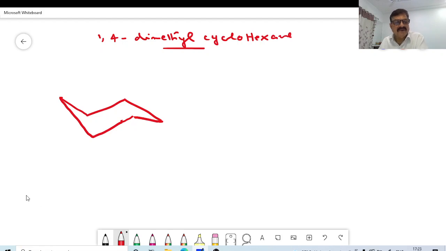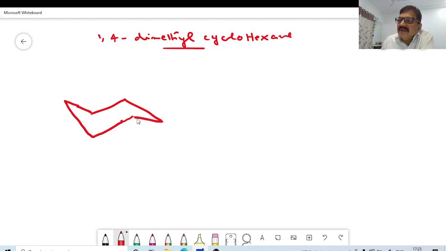You see, this is one conformation. So here I will be drawing 1,4-dimethyl in the cis form.